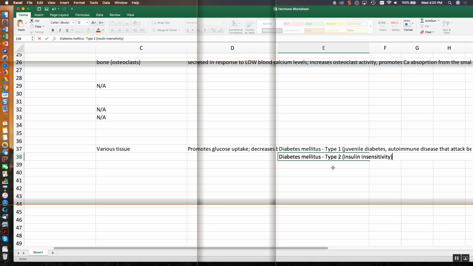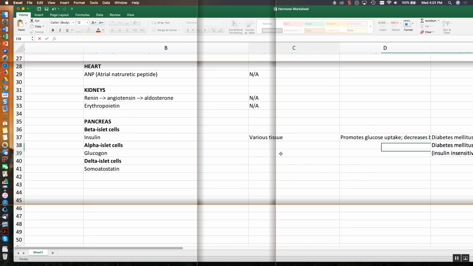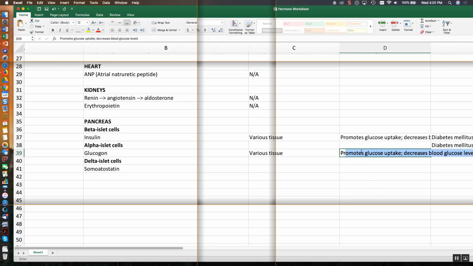Okay, glucagon. We're almost done here. Various tissue. Okay, what does it do? It does the opposite. So it inhibits the uptake of glucose and increases blood glucose levels.